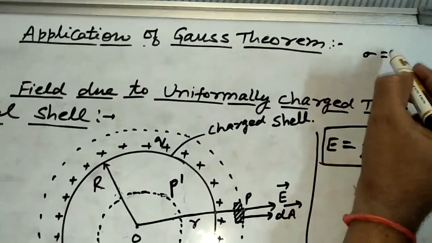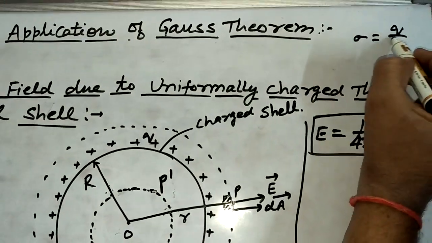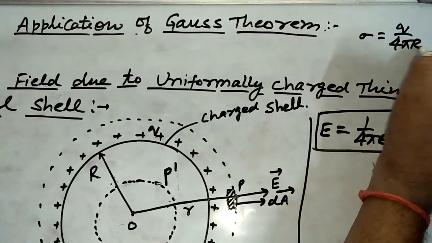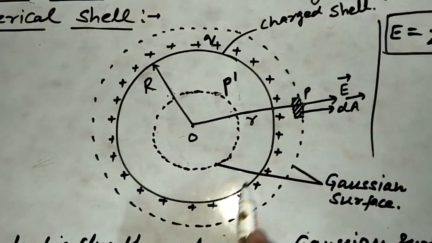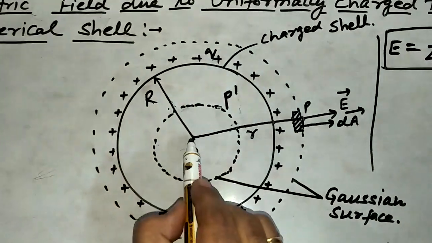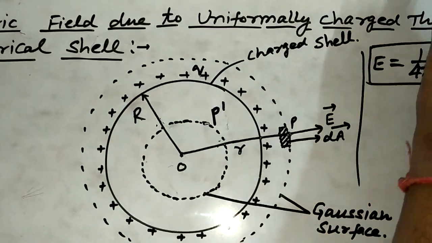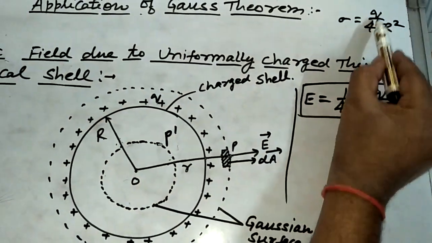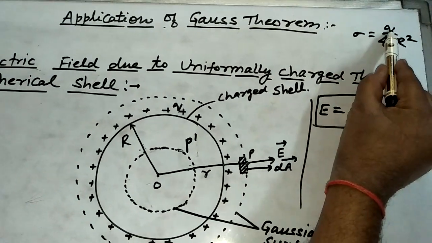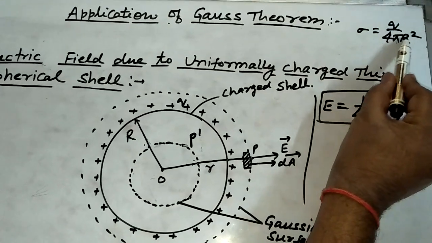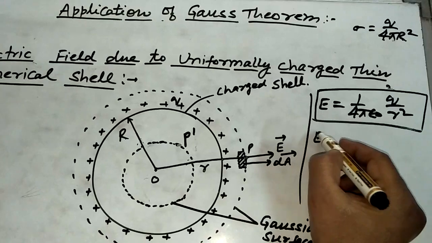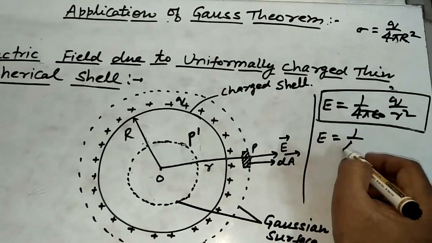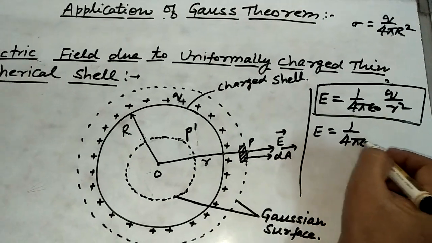And also, I have already told you, surface charge density sigma is equal to Q upon 4 pi r square. It means the charge given to this surface is Q, and the surface area of this cell is 4 pi r square. So you can say sigma is equal to Q upon 4 pi r square. So from here Q is equal to 4 pi r square into sigma. So the same expression can also be written as E is equal to 1 upon 4 pi epsilon naught.